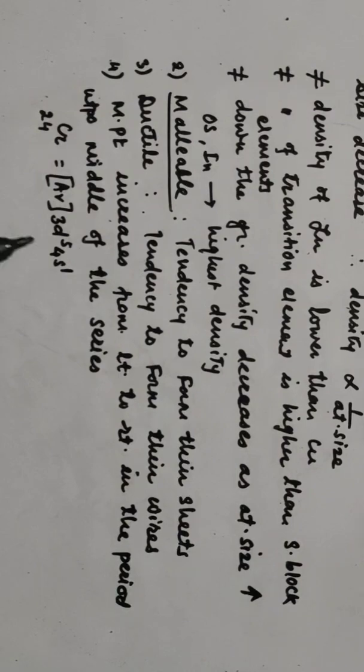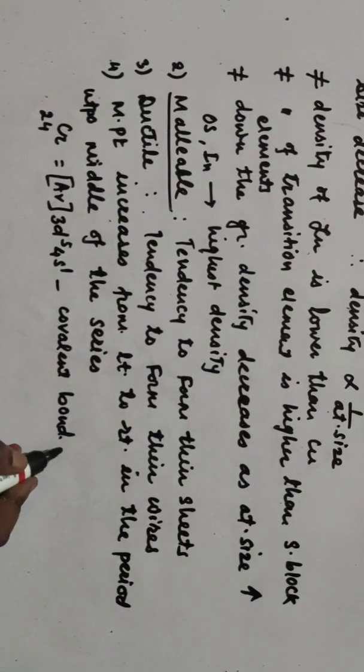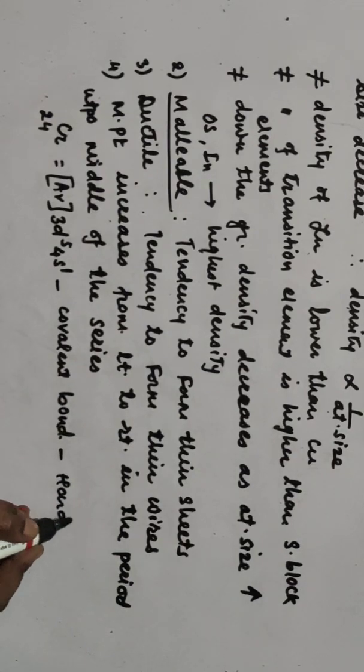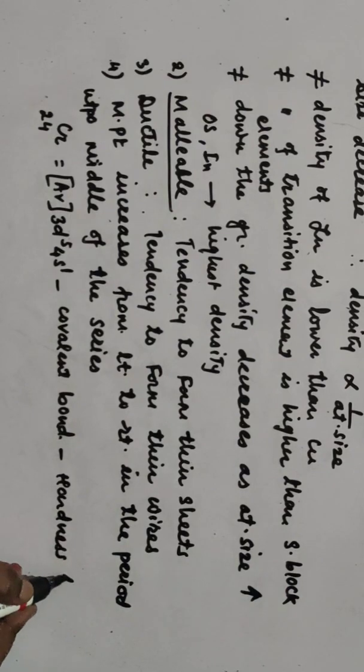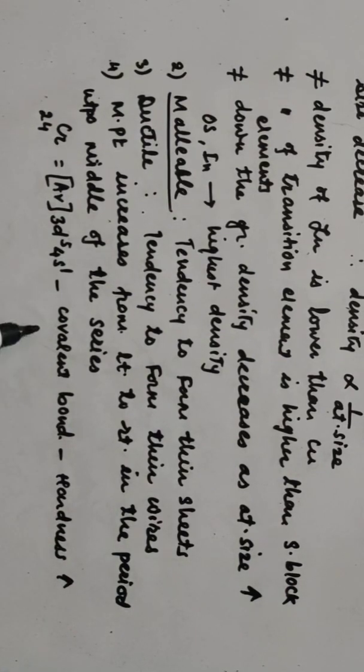These unpaired electrons can be shared with one another in the crystal lattice, and that's why they can form covalent bonds. With increase in the number of covalent bonds, the hardness of the metal goes on increasing, and that's why it requires more energy to break the metals there.